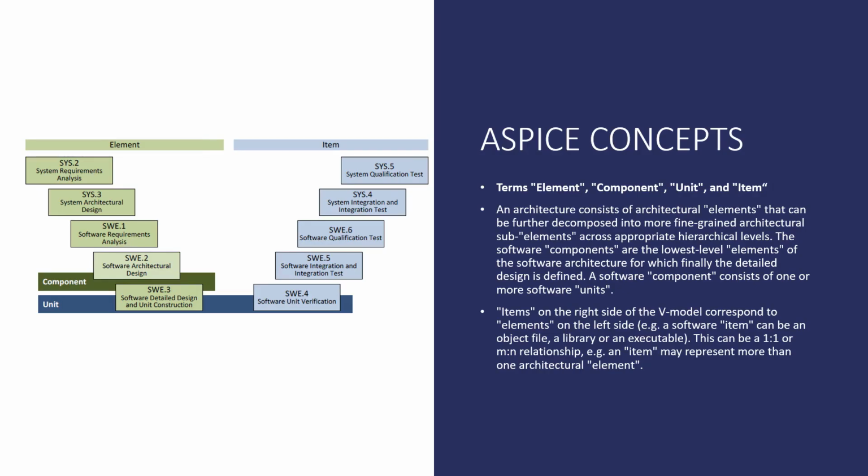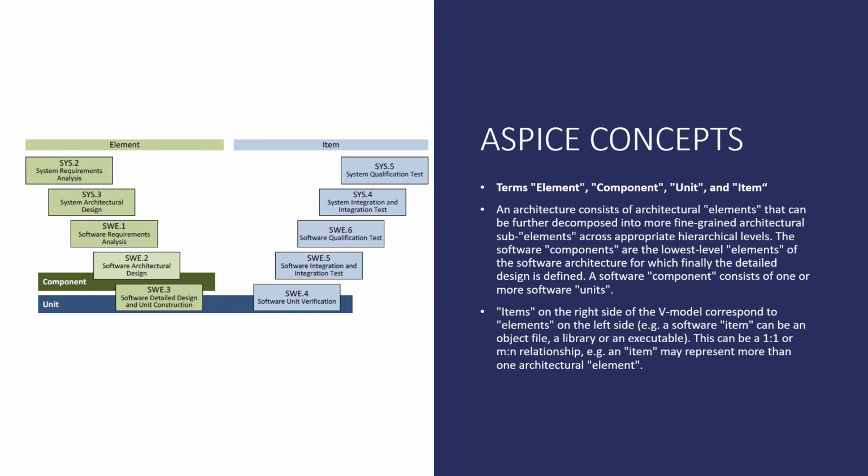We have terms called element, component, unit, and item. If you look into the V model, all the left side things are called elements, and the right side things are called items. The left side is about development: requirements, design, and unit construction.